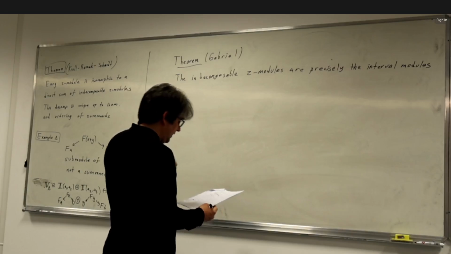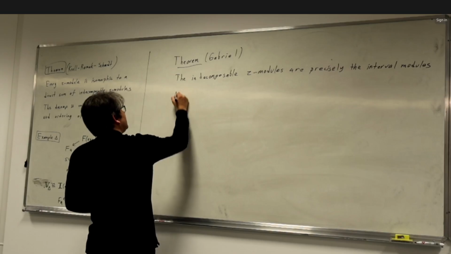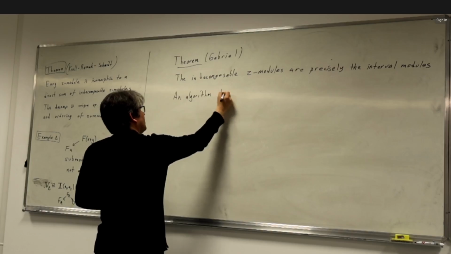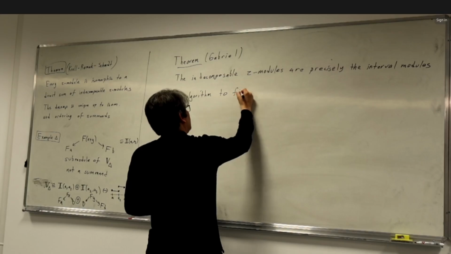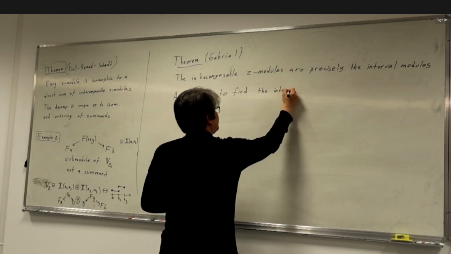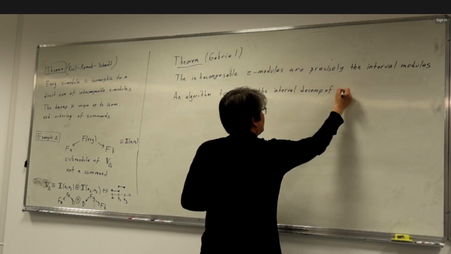Now, how can we obtain this? So an algorithm to compute these barcodes, to find the interval decomposition of tau modules.